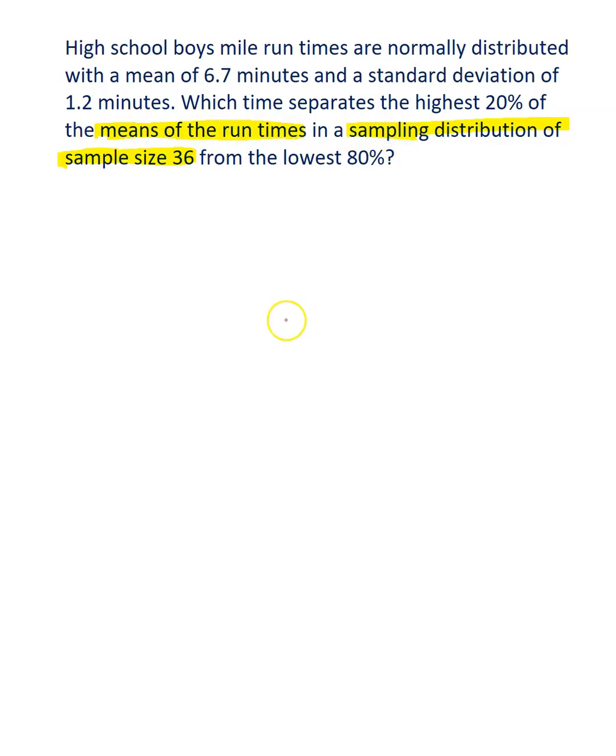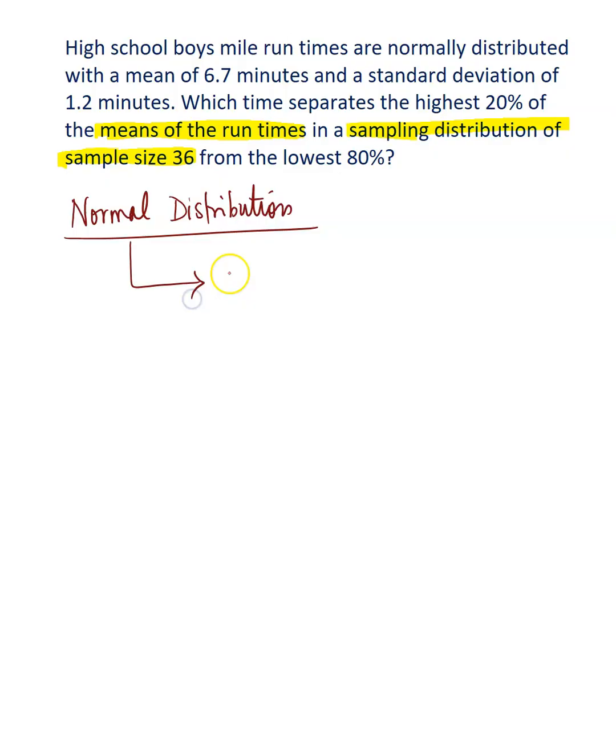So when I draw the graph, because we do have the distribution to be normal with mean 6.7 and 1.2, maybe I'll just write that information. So normal distribution, that's your known distribution, right? So your n is 36, even better. Mu is 6.7 and sigma is 1.2.